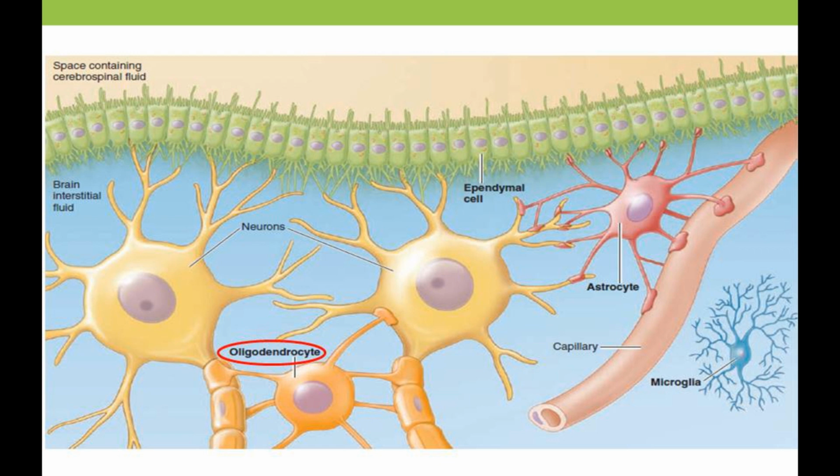So it actually acts as an interface between the capillaries and the cells of the nervous system. The oligodendrocytes also have several projections, but the projections, as you can see, encircle the axonal areas, whereas the astrocytes do not encircle the place that they bind to.